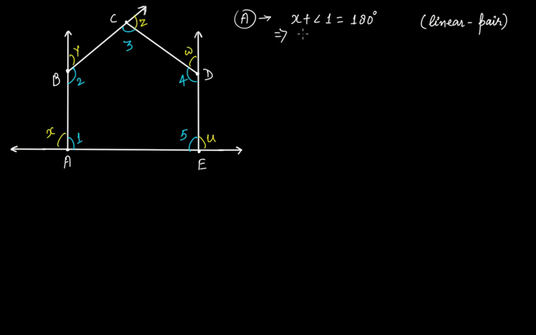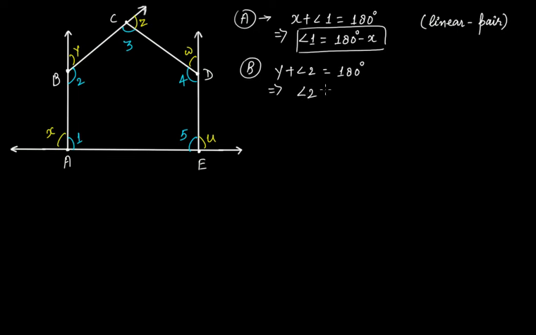Therefore, from here, angle 1 is equal to 180 degrees minus x. From vertex B, y plus angle 2 is equal to 180 degrees. So from this one we get angle 2 as 180 degrees minus y.